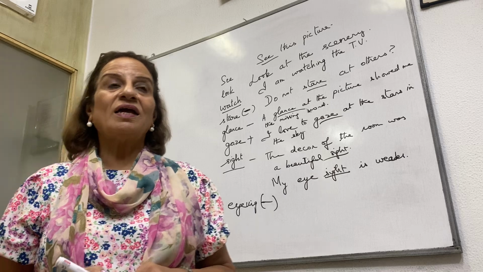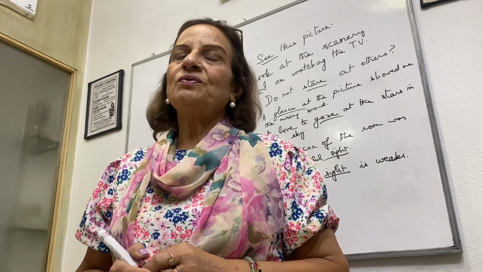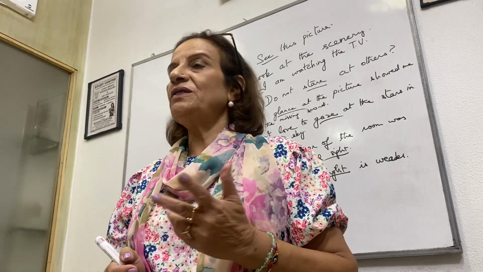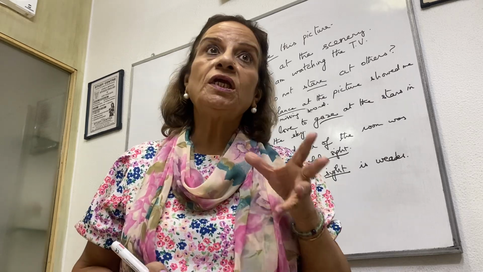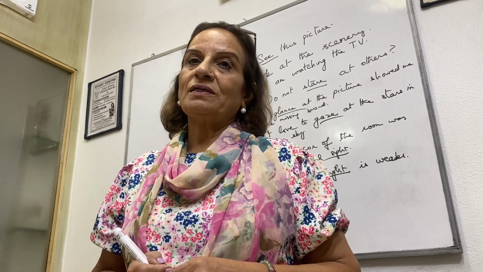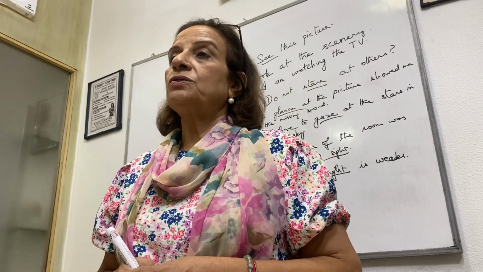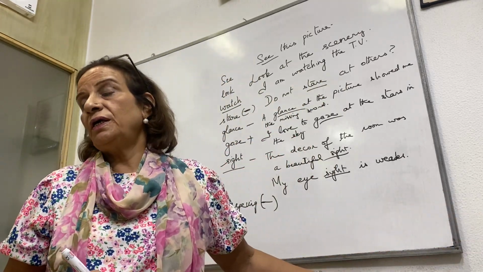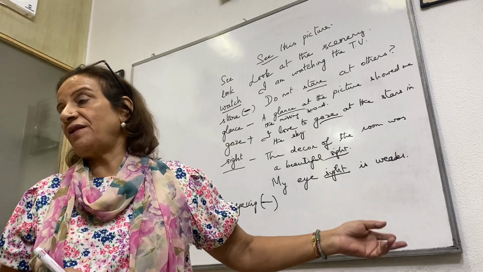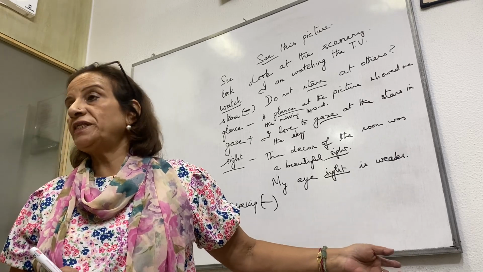We should not eye others. If you're looking, you look and you turn around, but you should not keep on looking. That is bad manners. And it gives the other person also a very creepy feeling. So eyeing is also a negative way, another word for staring. So we should avoid staring.